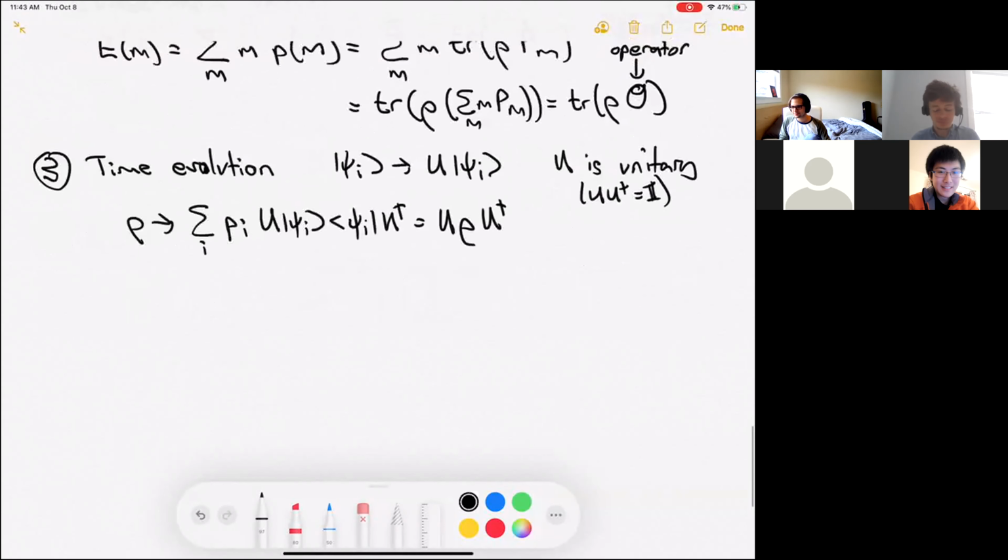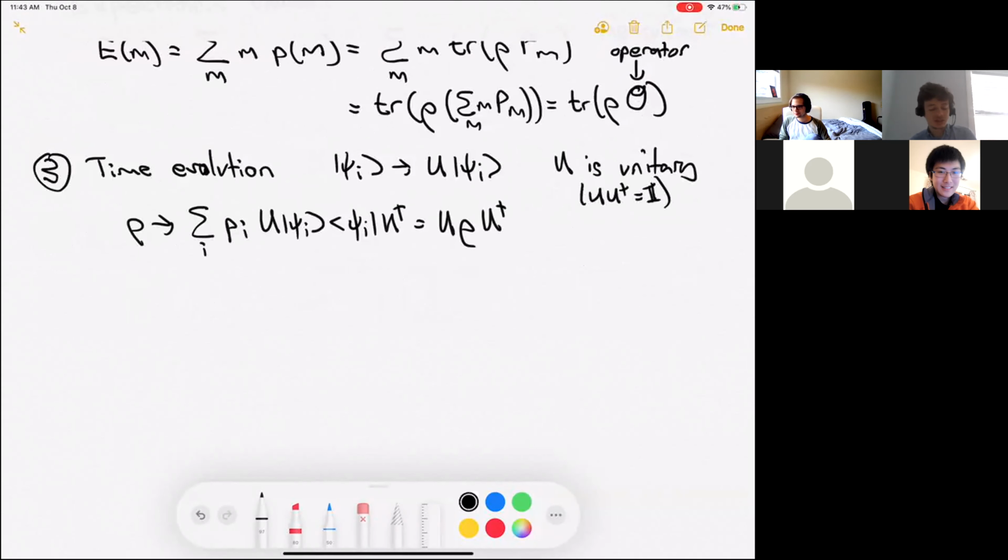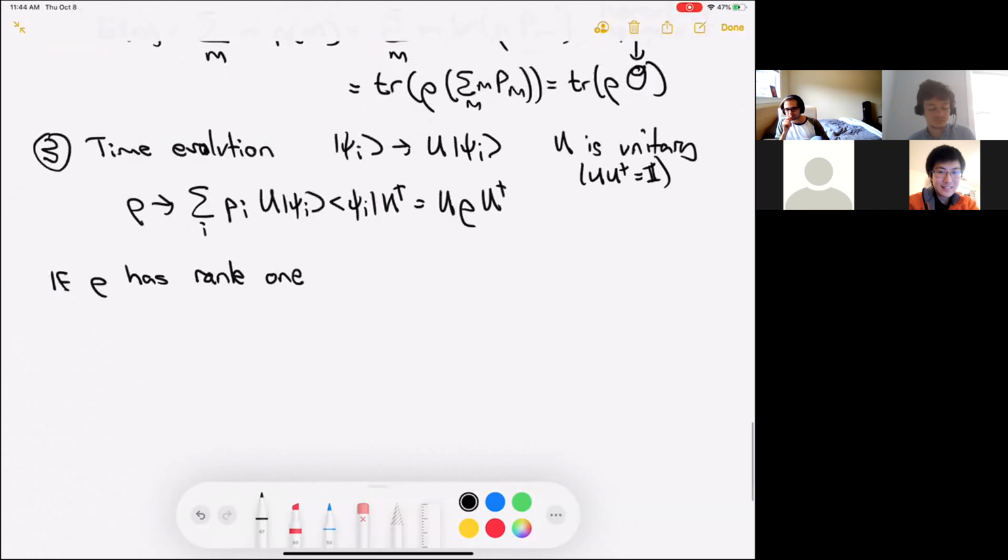Okay, let me make one more comment, which is that if our density matrix rho has rank 1, then it has to have trace 1.